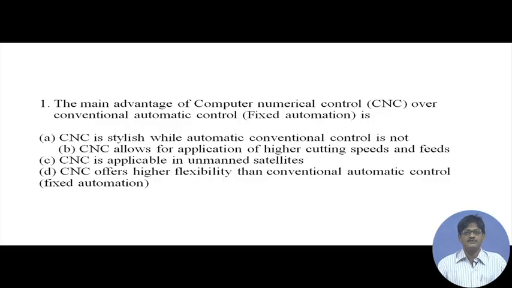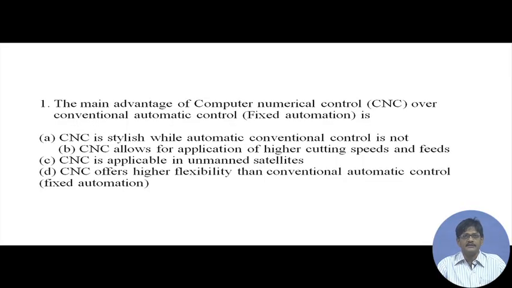So, first of all comes the question, what do we consider as advantage? We consider as advantage some feature of CNC machine which is desirable in certain machining situations and which is not present with fixed automation.